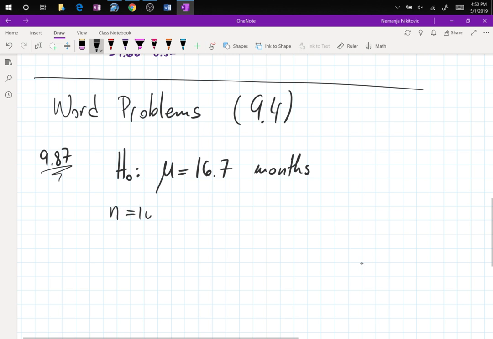So 100 of these had 17.8 months as a mean. They also give us that the population standard deviation sigma is 6 months.